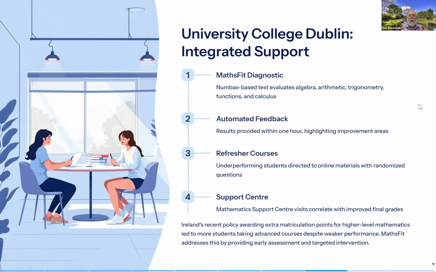They get the bonus points, but they can't do the maths. So they've got that issue to contend with. So they get the points even if they don't pass? Yeah, they get bonus points for attempting the higher course. So it causes issues there.